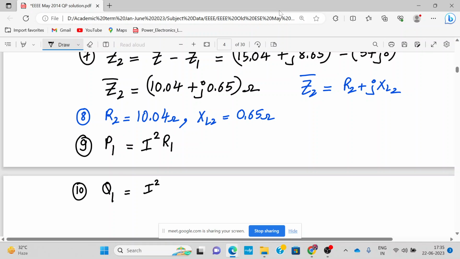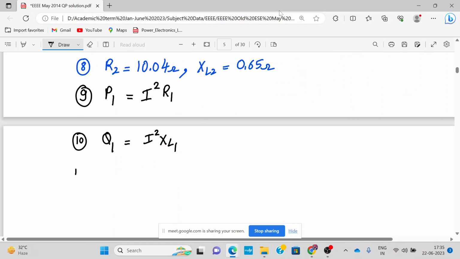I squared into XL1 is the reactive power in coil 1. Similarly, what is active power in coil 2? I squared R2. And what is reactive power in coil 2? I squared XL2.